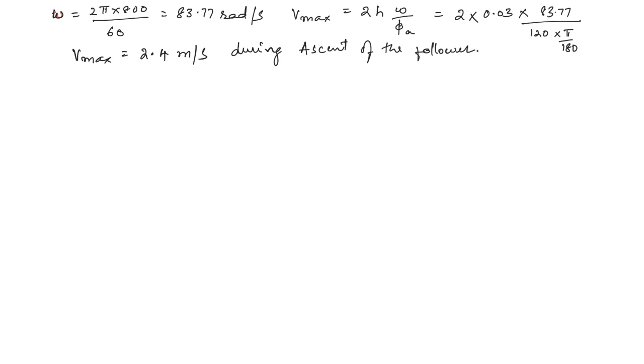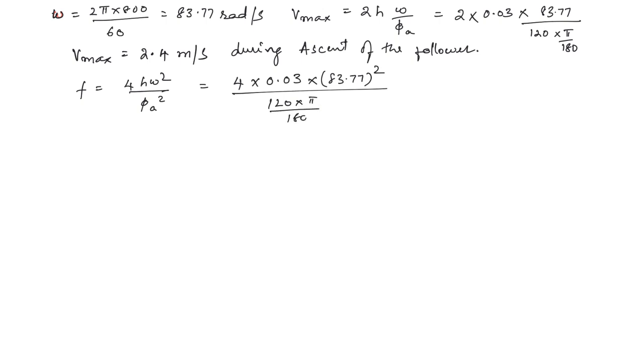And the acceleration is uniform acceleration. So the ascent of the follower is by uniform acceleration. So we have acceleration F equal to 4 into h into omega square by phi a square. So that is equal to 4 into 0.03 into 83.77 whole square divided by 120 into pi by 180 whole square.